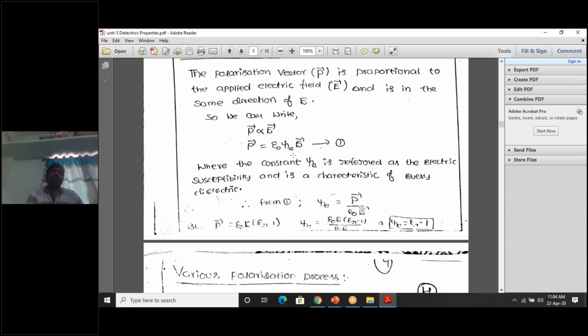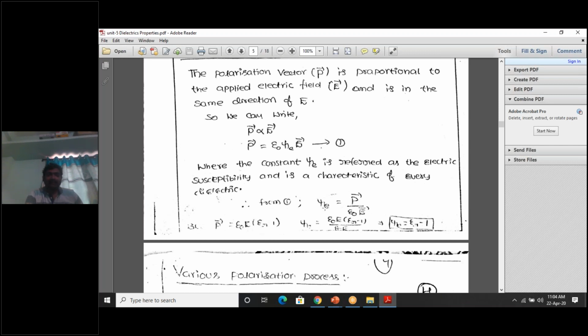Electric susceptibility. So chi e is equal to P bar by epsilon naught into E. If you rearrange equation number 1, what would you get? Chi e is equal to P bar by epsilon naught into E bar. Okay, so what is the definition?